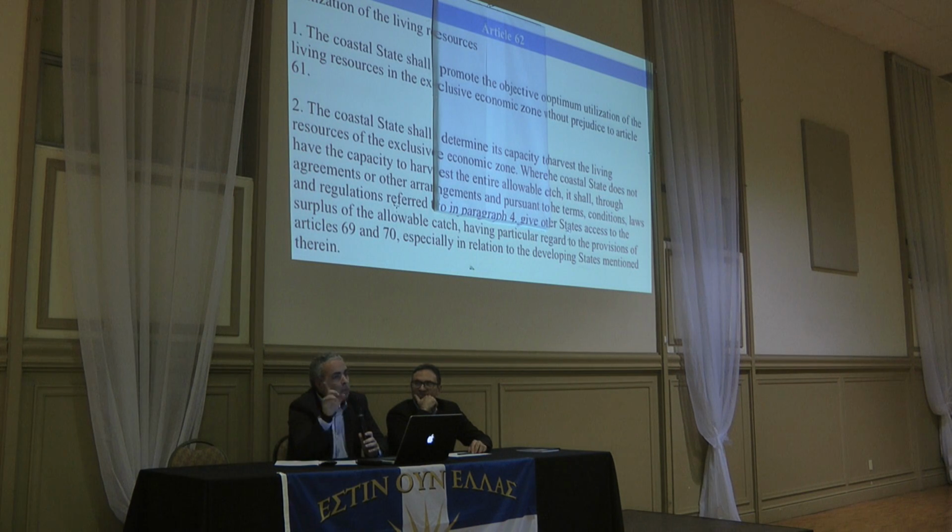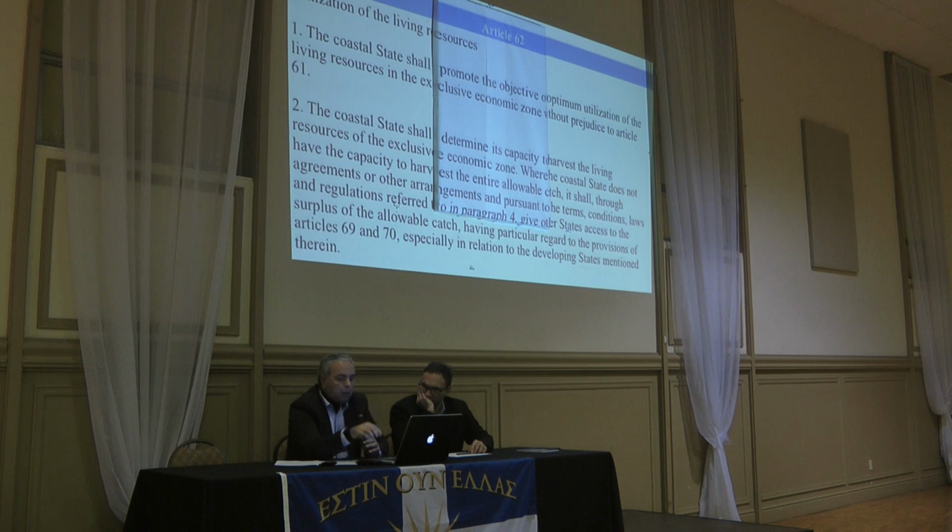This is in the declaration, but we have no declaration. In the United States of America, we have the declaration. We have the delimitation. In the United States of America, we didn't sign the Law of the Sea, for another reason: to make the 200 miles 350.